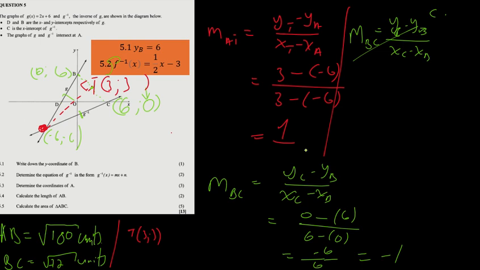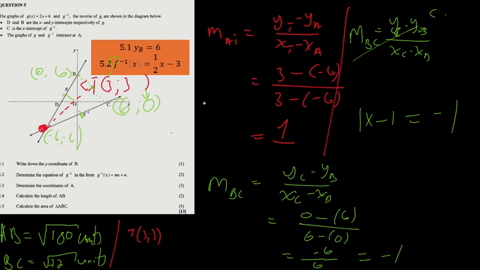Remember, the product of two gradients should equal -1 if those two lines are perpendicular to each other. And indeed, 1 times -1 is equal to -1.